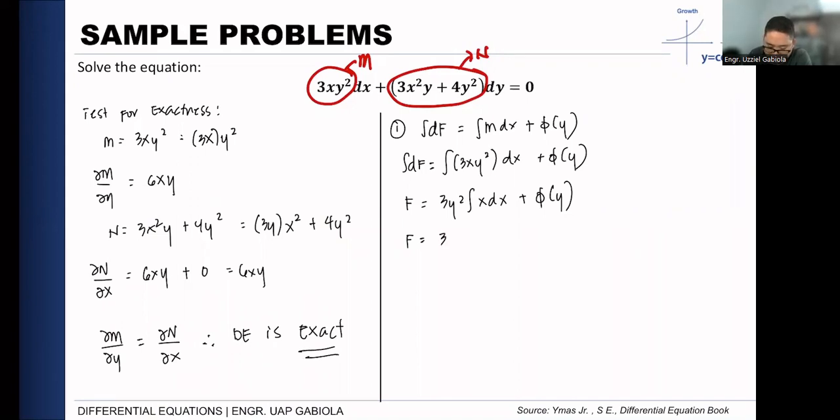So yung coefficient, copy lang natin, multiplied by integration ng x dx is x squared over 2. Plus phi y na lang to, copy lang natin yung phi y. Then let's simplify this. We have 3 halves x squared y squared plus phi y. So yun yung value ng f natin for the first step.